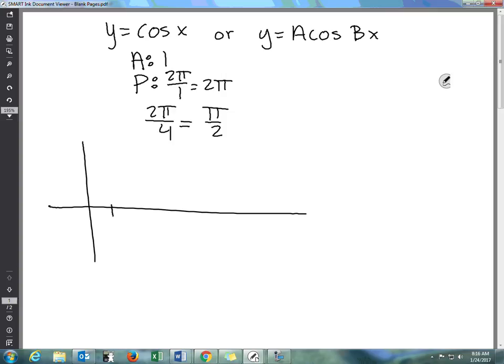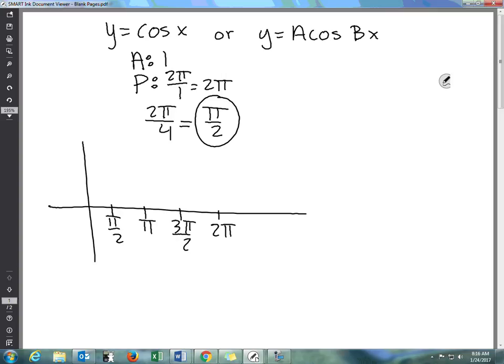My first mark will be pi over 2, because each time it goes up by pi over 2. My next mark will be 2 pi over 2, or just pi. Then the next mark will be 3 pi over 2. And my fourth mark will be 4 pi over 2, or 2 pi.